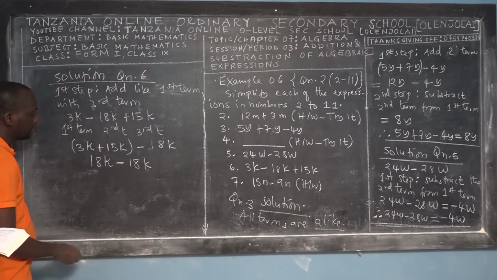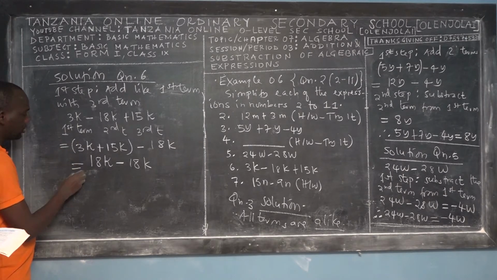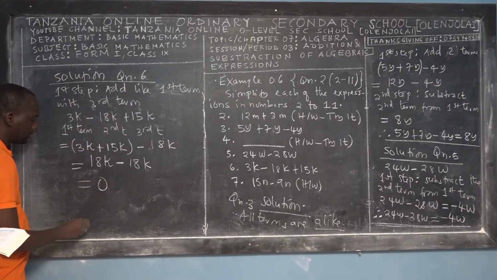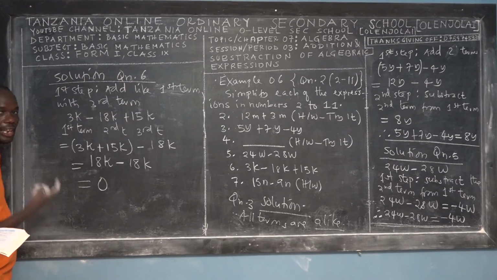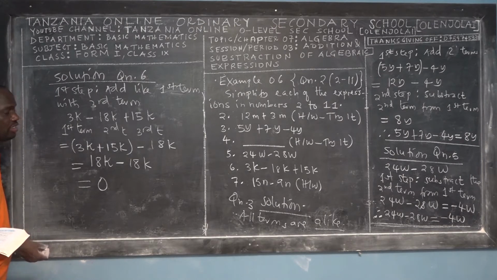So 18k minus 18k, the answer is equal to 0. So the expression in question 6 after simplification is 0, with no terms remaining.